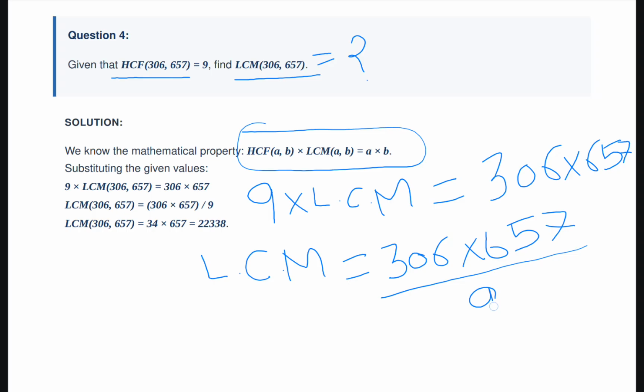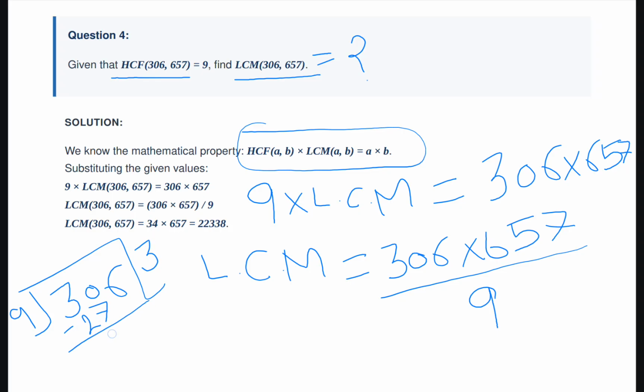So 306 divided by 9: 9 times 3 is 27, so you get 3 and then 6.